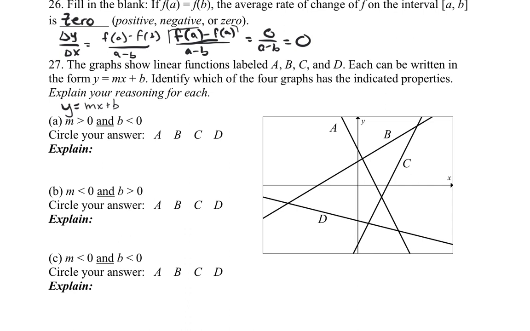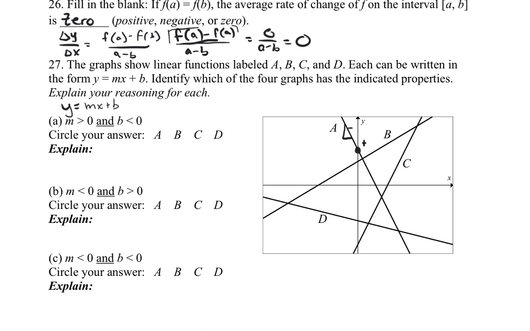So when we look at one of these graphs, for example A, we know that the slope is negative because it goes down as we increase x.